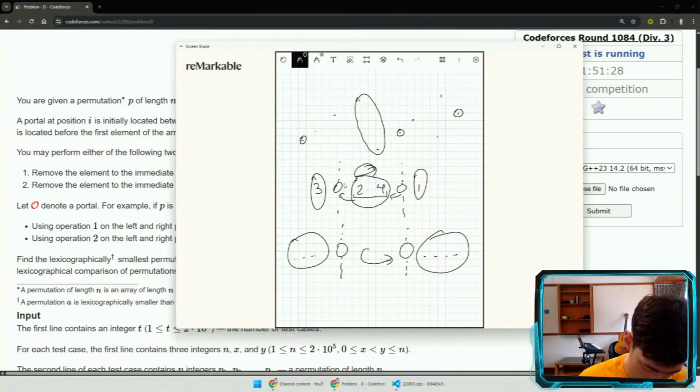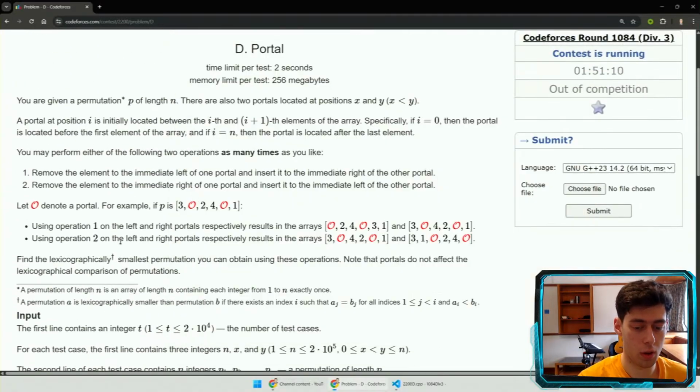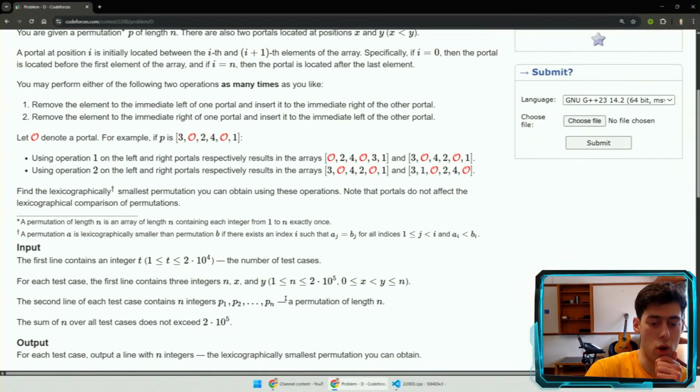So the key thing here is I have to choose the split point for this stuff and the cyclic shift for this stuff. So the first thing to do is choose the best cyclic shift for this, and then I choose the best position for the other one. Oh, right.